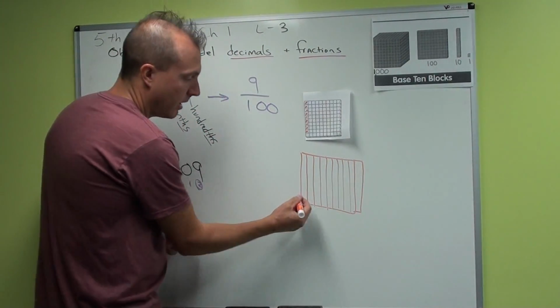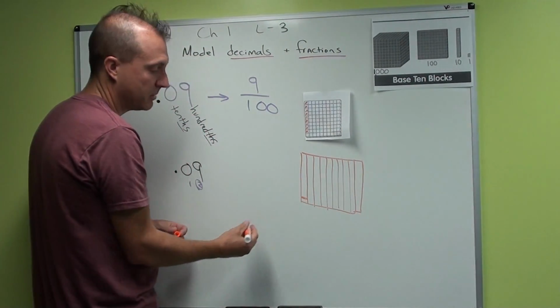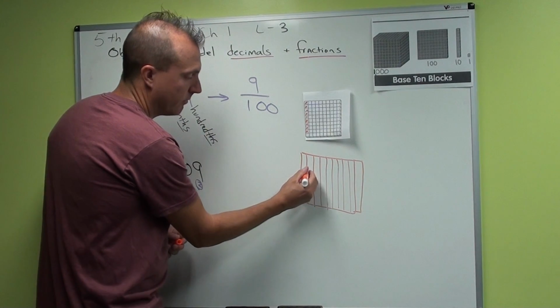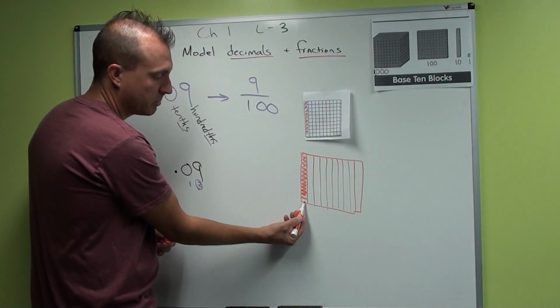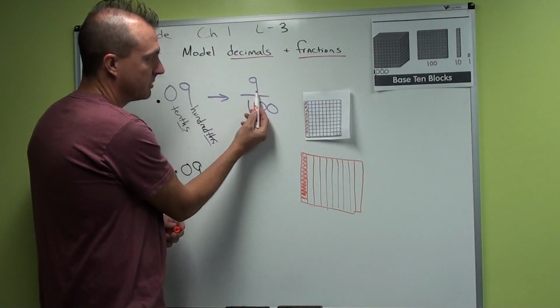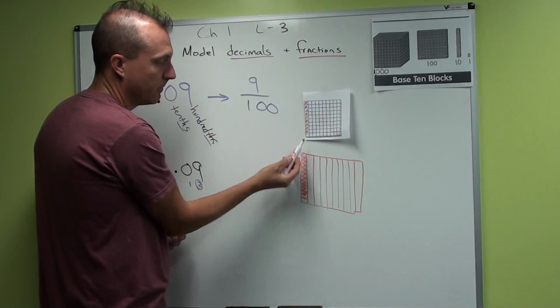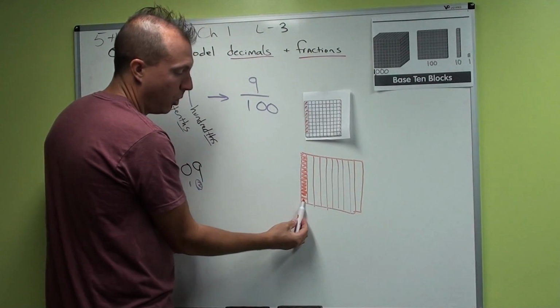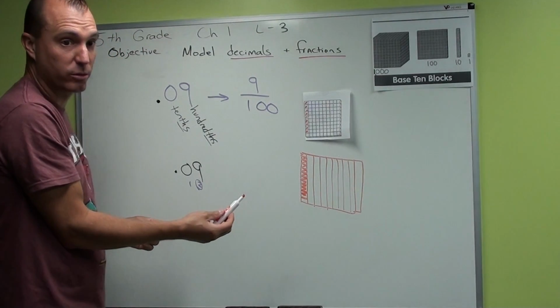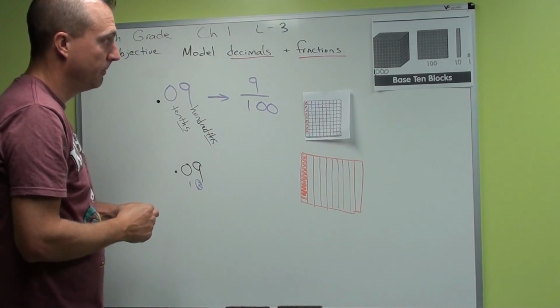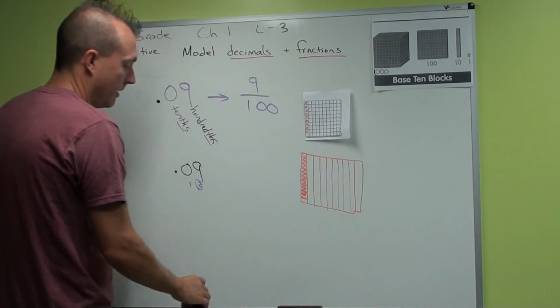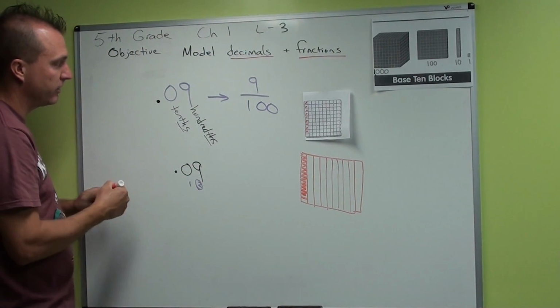Okay? And then you can leave one box empty and fill the rest of these in. That box would be empty. So that means there's 9 that are filled in, 91 that are not filled in or shaded.